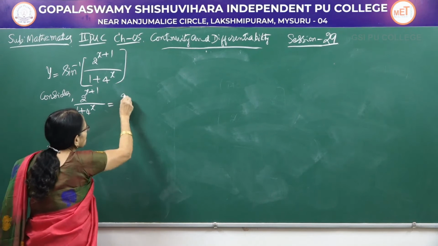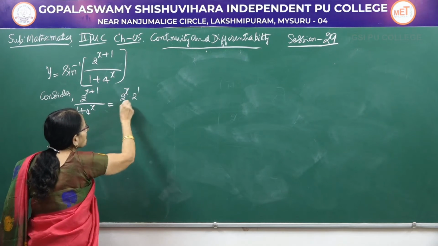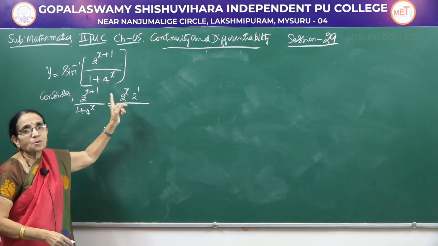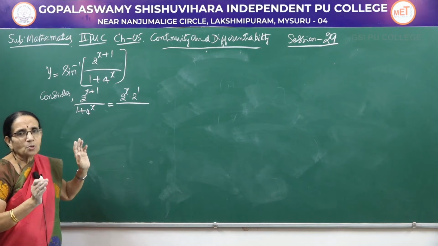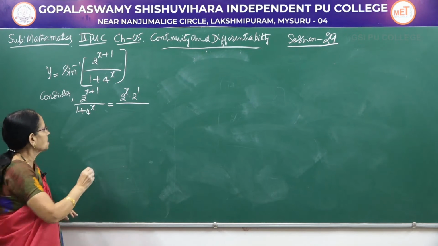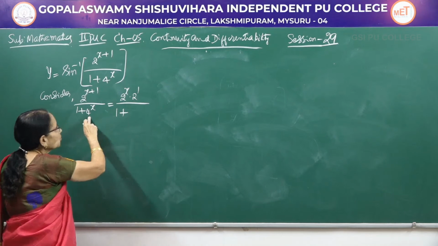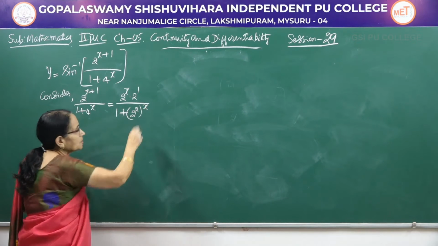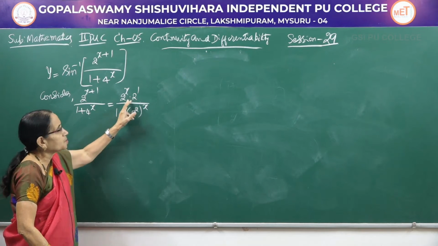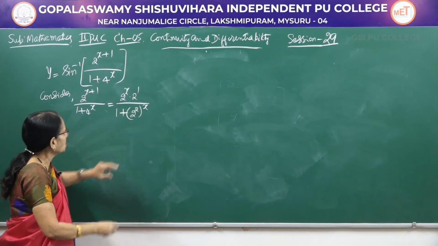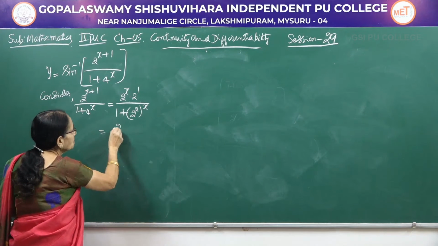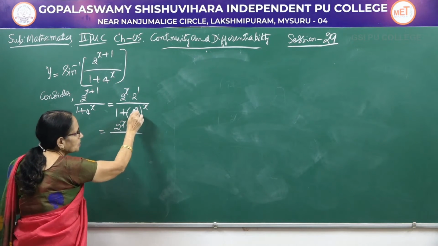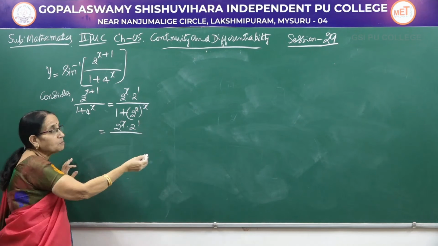Now, write it as 2 to the power x into 2 to the power 1. I hope you remember, a to the power m into a to the power n is a to the power m plus n. I am using the first law of the indices in the reverse order. Now, 1 plus 4, as you know, can be written as 1 plus 2 square. Here I am making use of the third law of the indices: a to the power m whole to the power n is a to the power m into n.